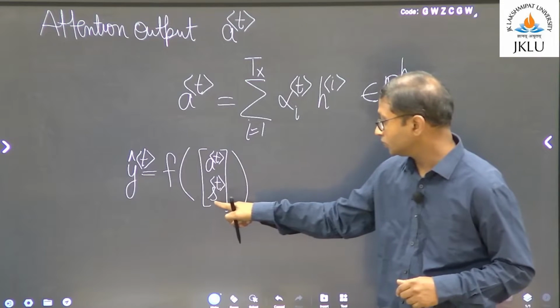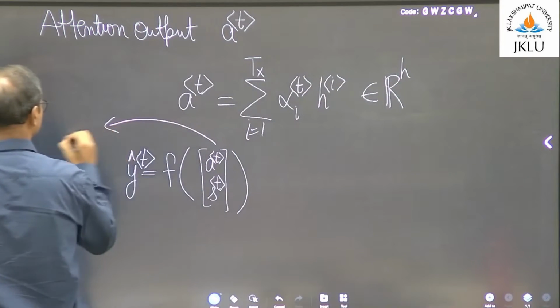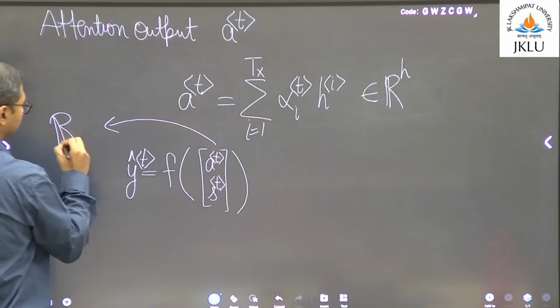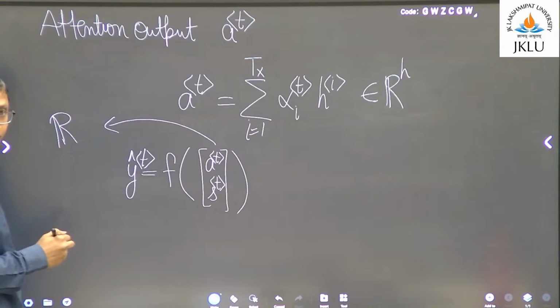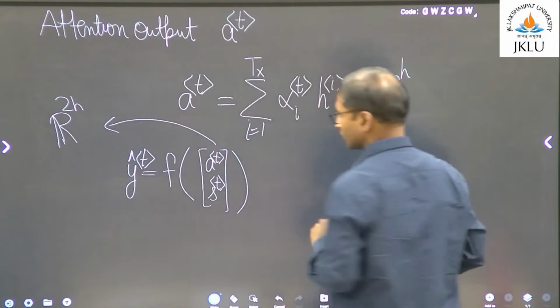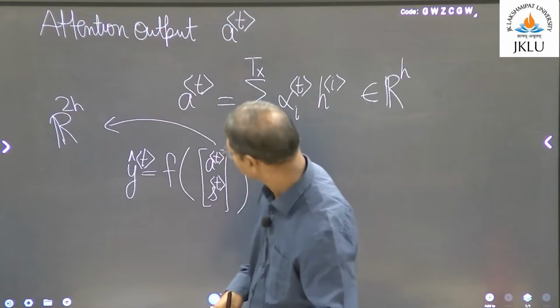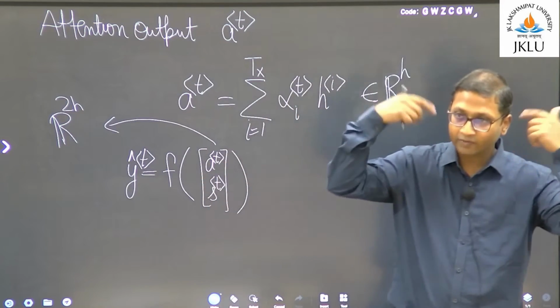And this belongs to the decoder, R2H. So my y hat is a function of this one. So what does it mean if I am doing language modeling?